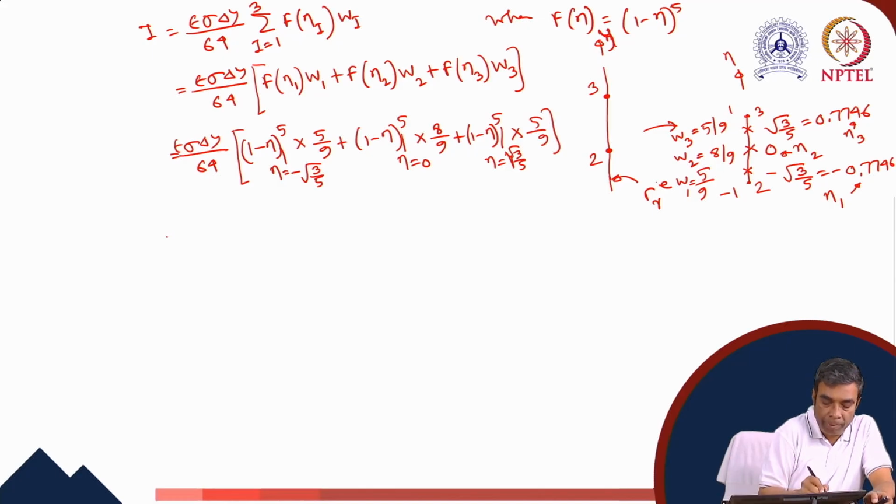So we can simplify this expression epsilon sigma delta y by 64.